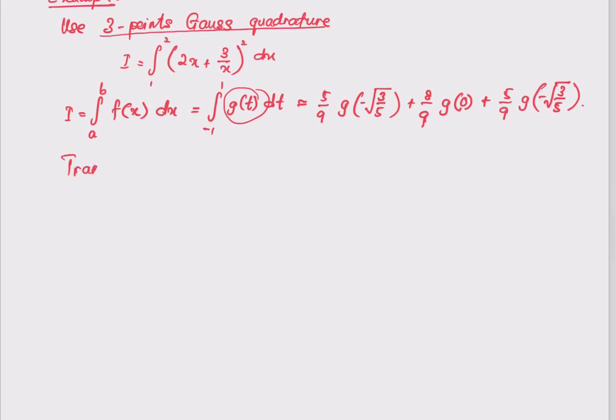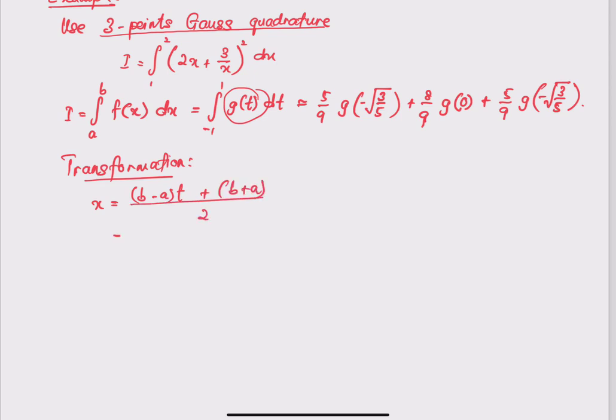So here we have a transformation formula, x equal to ((b minus a) t plus (b plus a)) divided by 2, and our b now is 2.